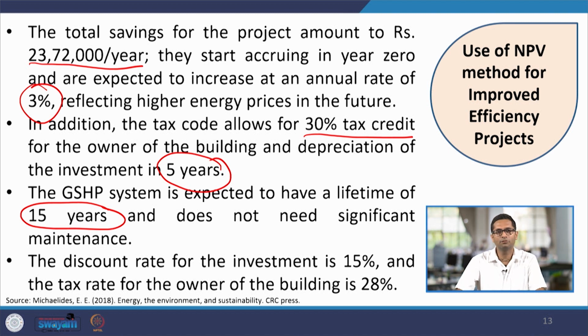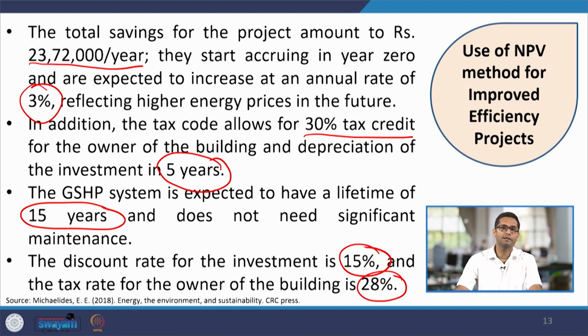So we can assume that the operation and maintenance cost is negligible in this case. The discount rate for an investment like this for the corporate is assumed to be around 15%, and the tax rate for the owner of the building is around 28%. So this is the normal rate at which the tax would be paid.